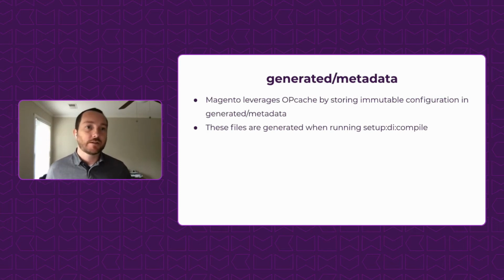The configuration of the object manager is already in the file system, and OPcache, after it's loaded these configuration files once, has the configuration already in memory and compiled down to bytecode.